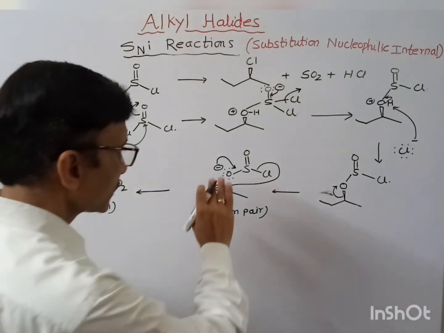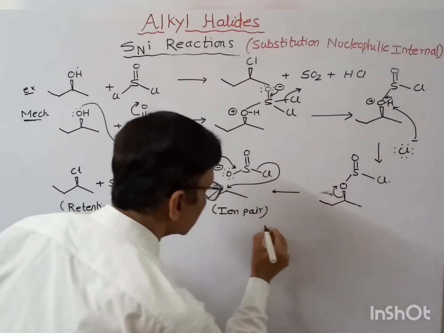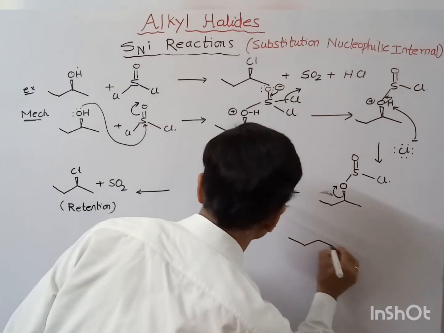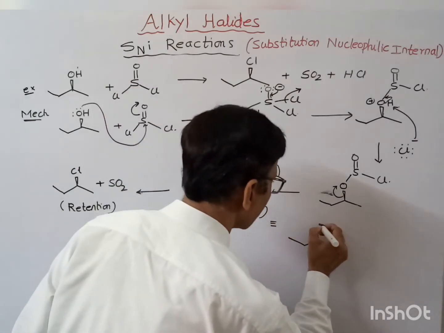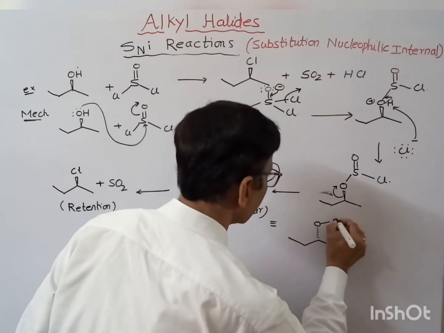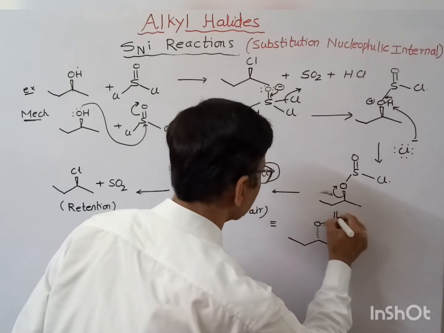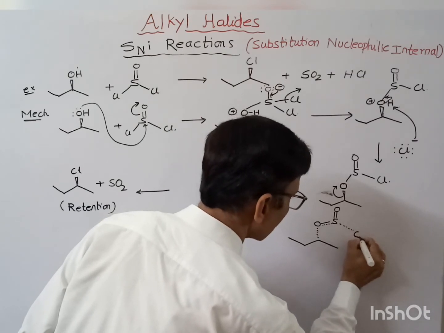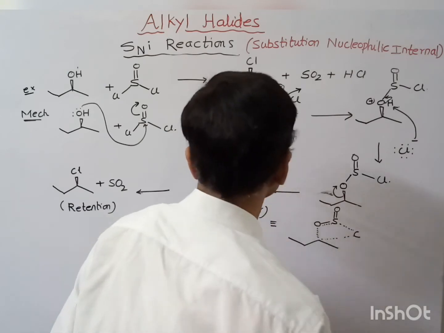And here one transition state is formed. How can we write the transition state? If we see the transition state formed over here, one of the bonds is formed, and this double bond, and this bond has started breaking, this bond has started forming.